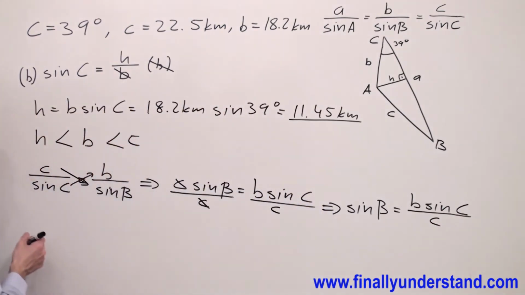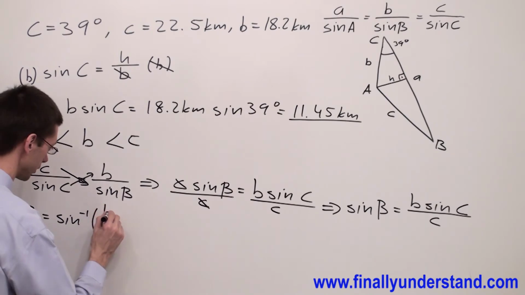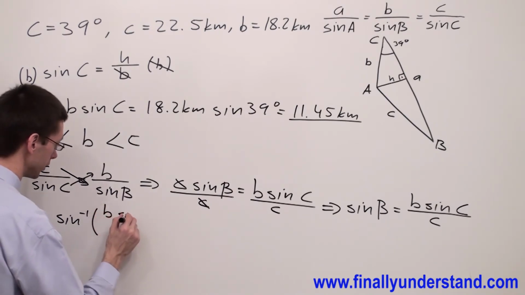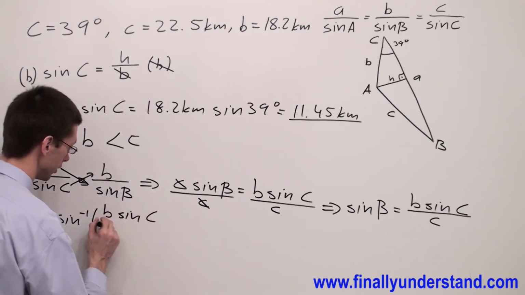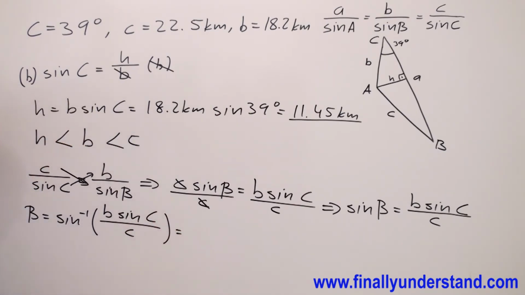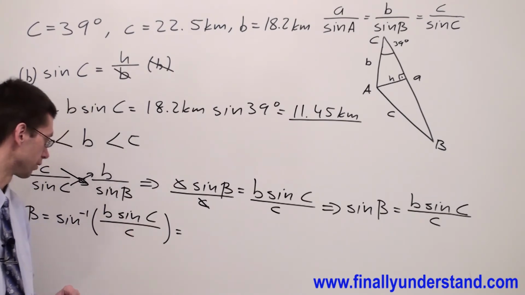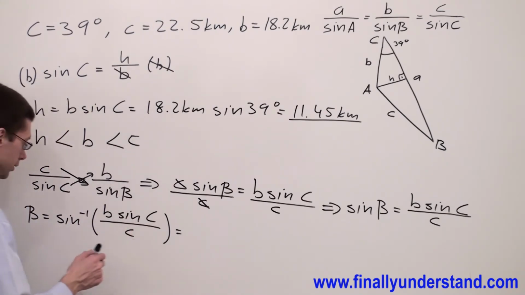If you want to find angle B, you're supposed to take the inverse sine and simply have B sine C over C inside the parentheses. Next, you substitute the variables by the numbers.